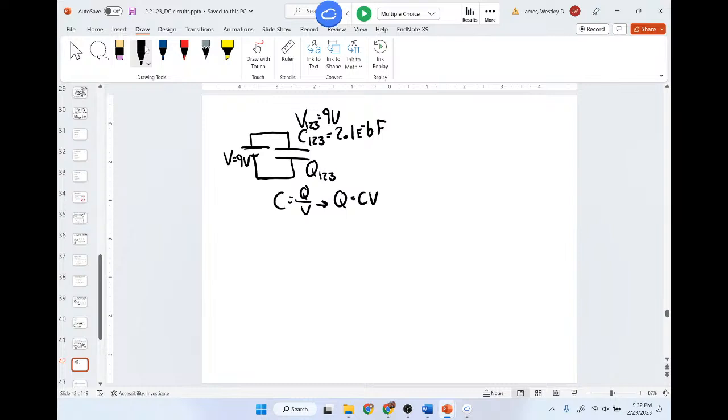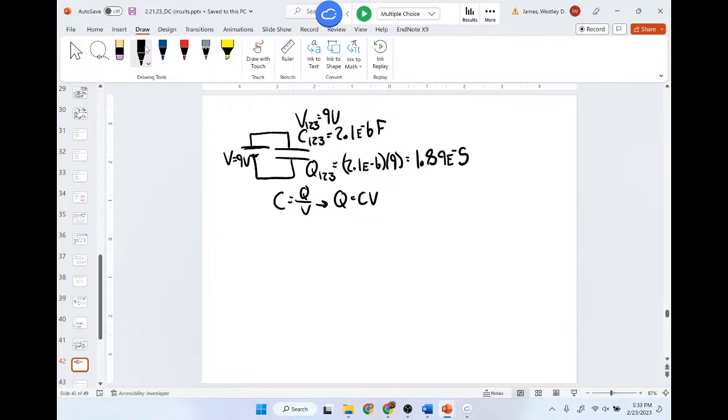So Q123 is going to be 2.1 e to the minus 6 times 9, which is a tiny number, which makes sense. We started with tiny numbers. 1.89 times 10 to the minus 5.